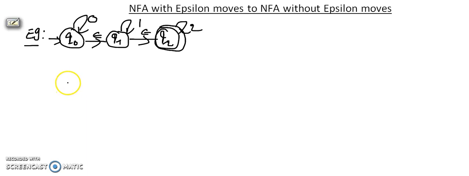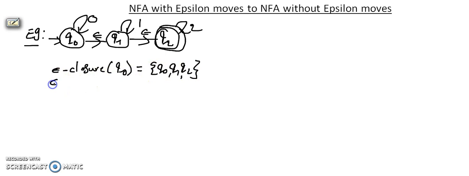So before converting NFA with epsilon moves to without epsilon moves, we have to find the E closure of Q naught, E closure of Q1 and E closure of Q2. The E closure of Q naught equal to Q naught, Q1, Q2.